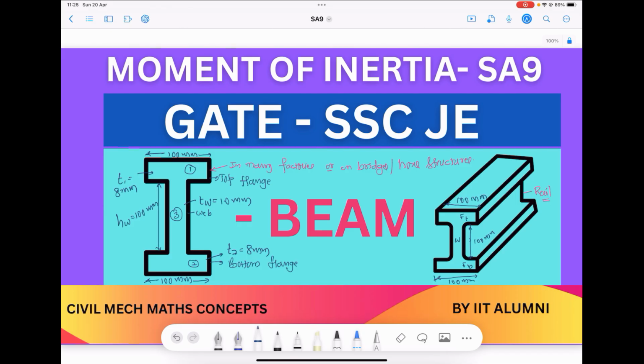This thickness is 8 mm, this is 8 mm, and the thickness of the web is 10 mm. From this you can understand the I-beam shown in the isometric view. We have to find the moment of inertia, with the ultimate aim of finding the distribution of stresses in the I-beam.